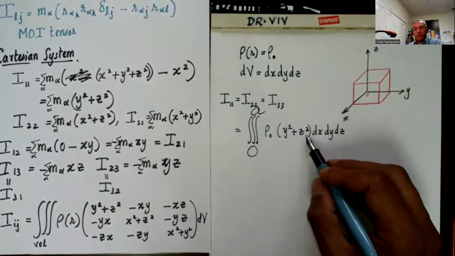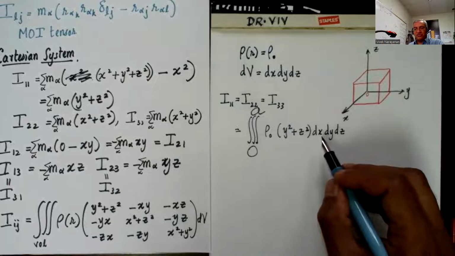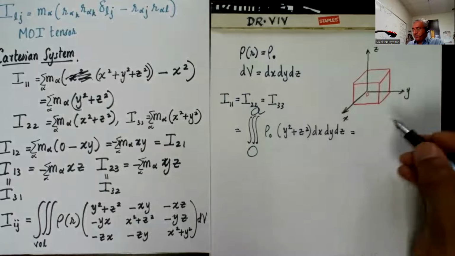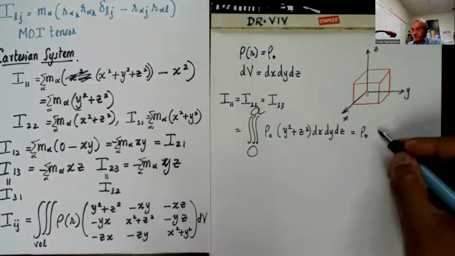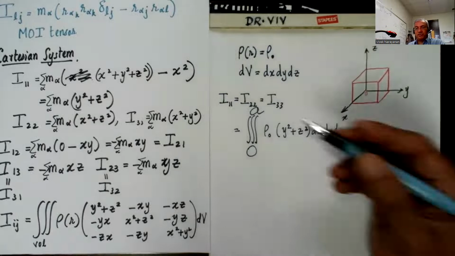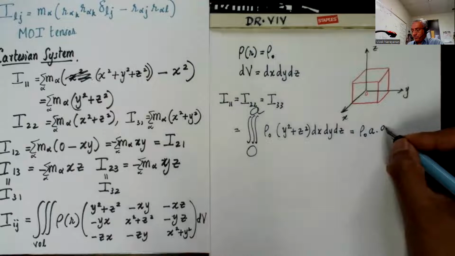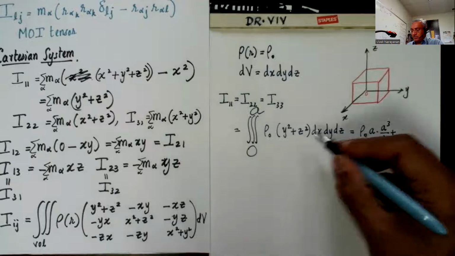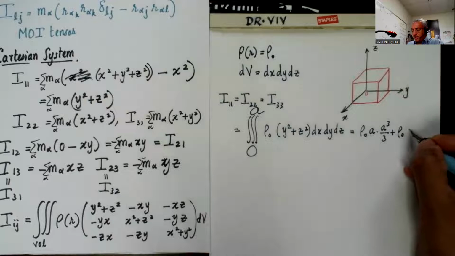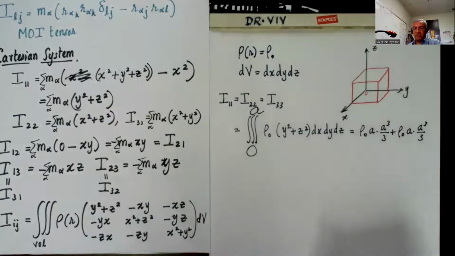The integral of z squared dz is z cubed over 3. And the integral of dx is just x. So I'm going to get rho naught, because of the integral of dx, evaluated between the two limits, it's just a. And then for y squared, it's going to be a cubed over 3, plus this term, rho naught a times a cubed over 3. Same treatment for z squared.